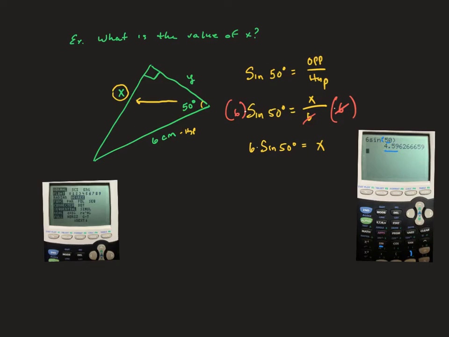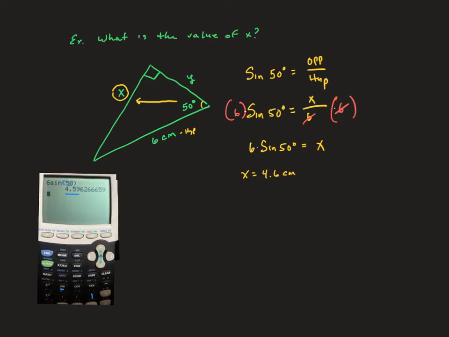So x is going to be equal to, rounding to the tenth, 4.6 centimeters. Now, if we wanted to turn around and find y, we could do the same thing. To find y, if I'm looking at 50 degrees, that is going to be the adjacent.